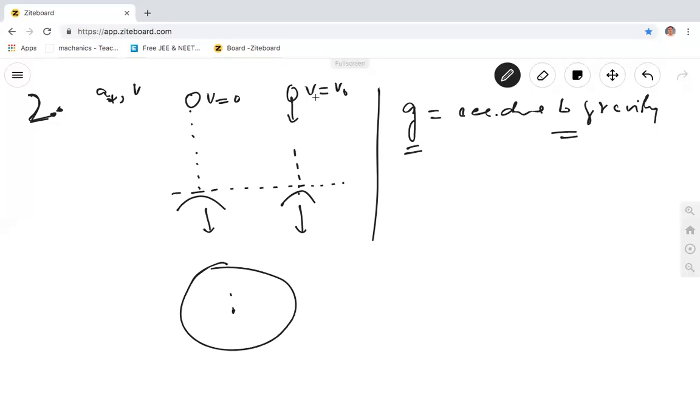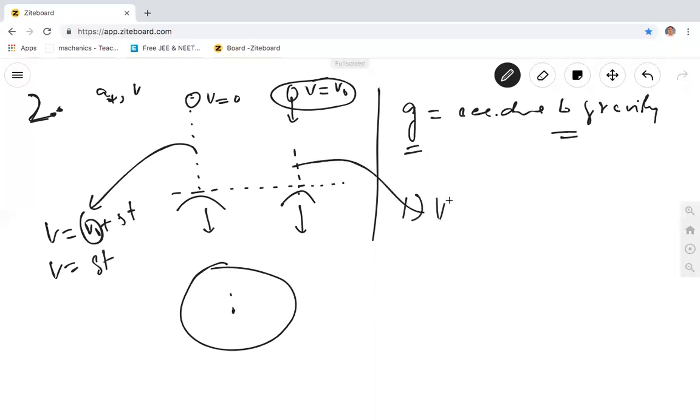So far as the velocity is concerned, after some time, the one who thrusts himself downwards will have more velocity because he is starting with some initial velocity. The other is not starting with initial velocity. So his final velocity will be v0 plus gt, and the other's velocity v is equal to 0 plus gt.